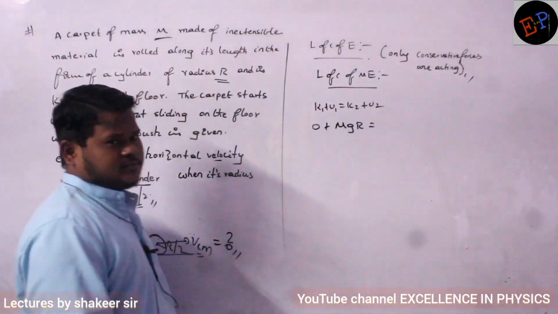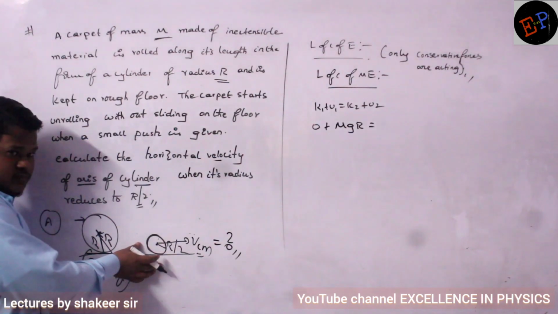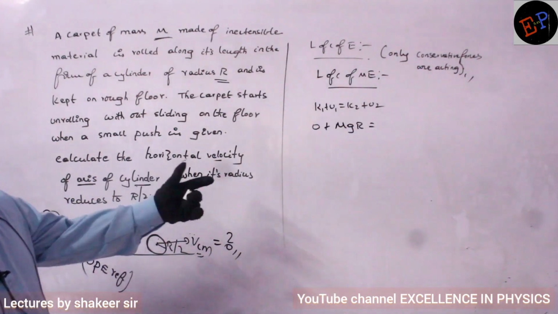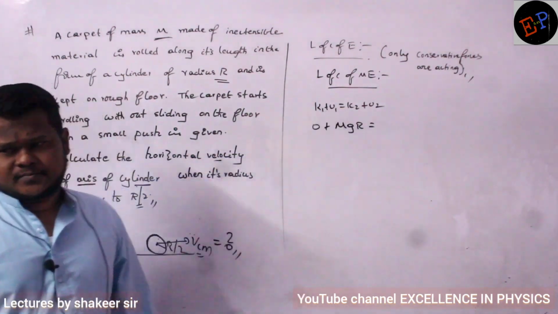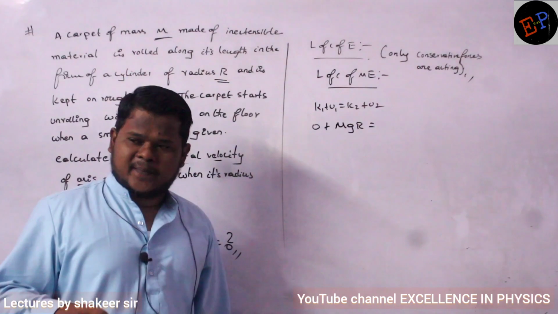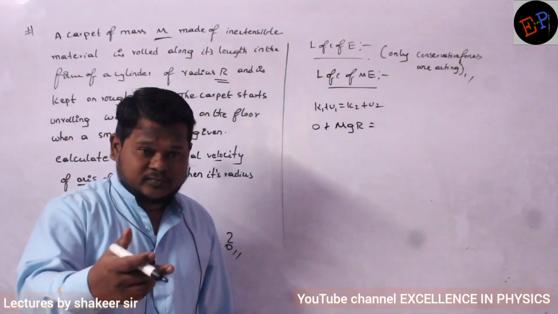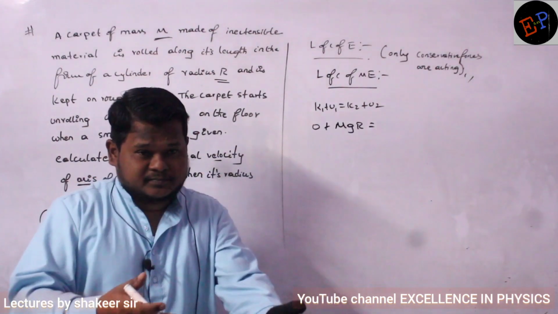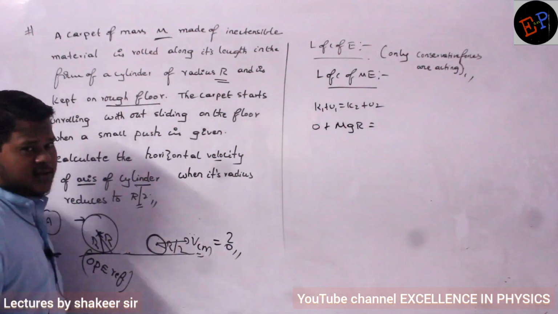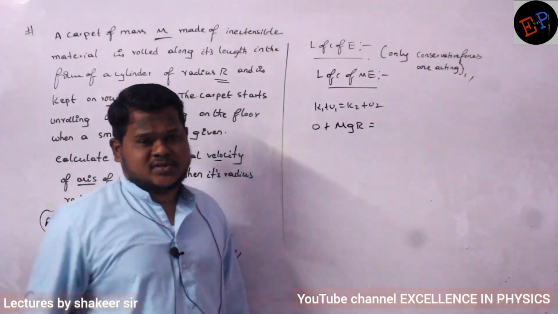Okay? Now when it has unrolled to r by 2, what kind of kinetic energy can you say it has? Translational or rotational? Both are present. It is unrolling, no? The carpet is rolling. That's why he said this is a rough floor. Rough floor means the carpet which is in contact with the ground is in rest position.